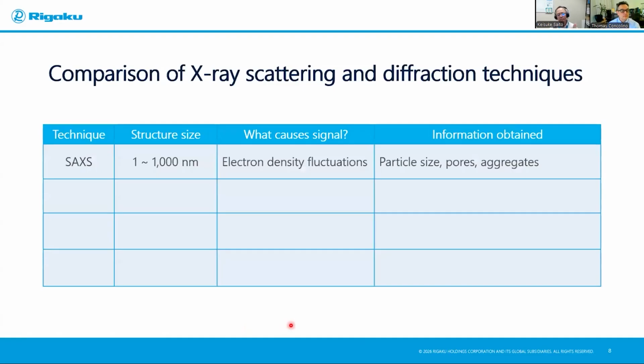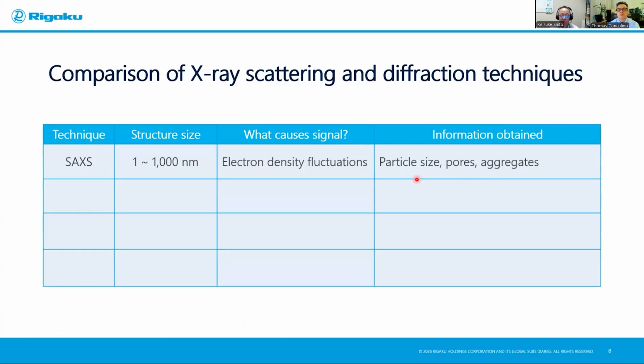This table summarizes a comparison between the different scattering and diffraction technologies. First is SAXS. We target around 1 to 1,000 nanometer particles, pores, and aggregates, as I mentioned, so you may be able to determine size, shape, and distributions.